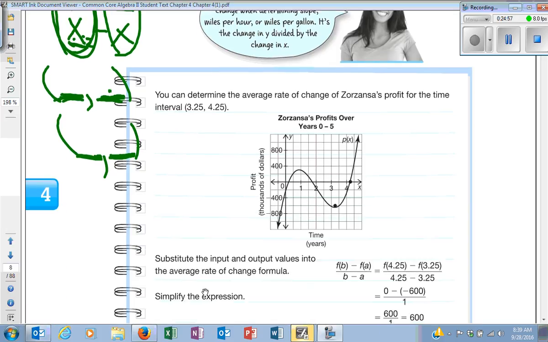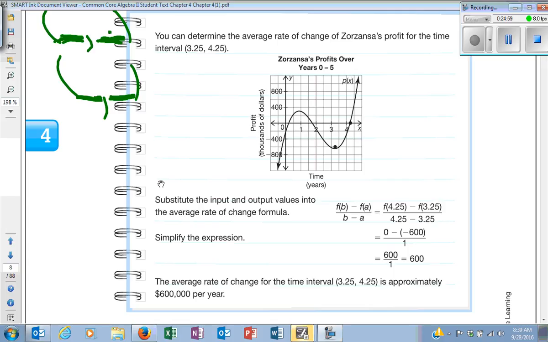So here we go. Here's what they do. This is where we have to know: is this an ordered pair? Read what it says. You can determine the average rate of change in their profit for a time interval from 3.25 to 4.25.